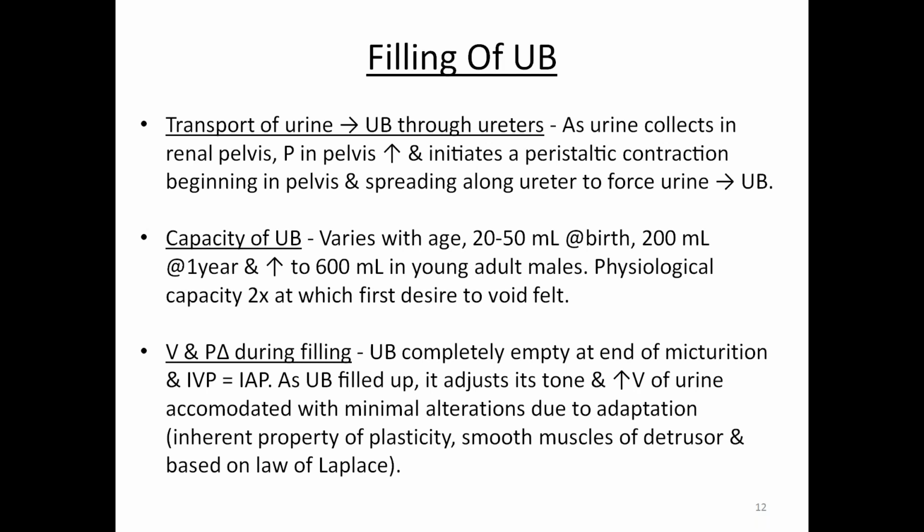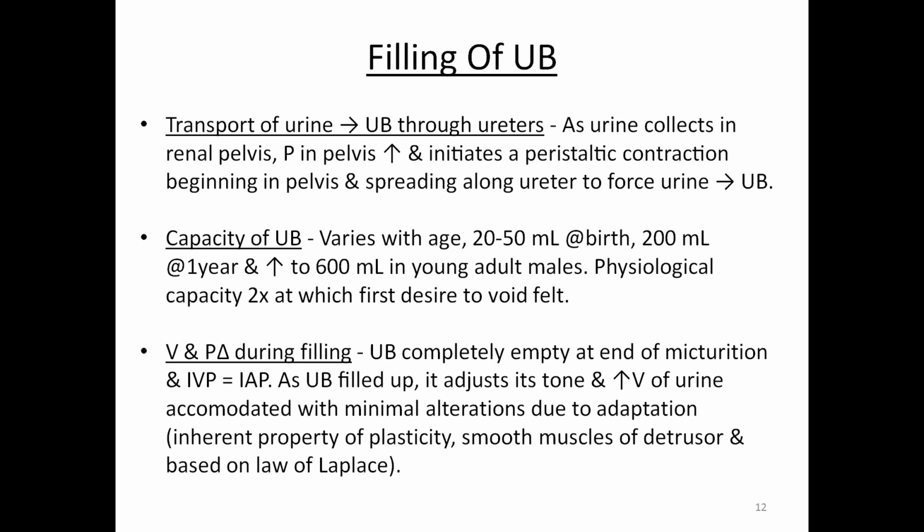Now let's talk about the capacity of the bladder. The physiological capacity varies with age, being 20 to 50 ml at birth, about 200 ml at 1 year, and can be as high as 600 ml in young adult males. In all these cases, the physiological capacity is about twice that at which the first desire to void is felt.